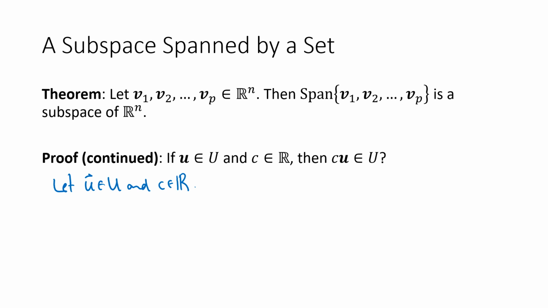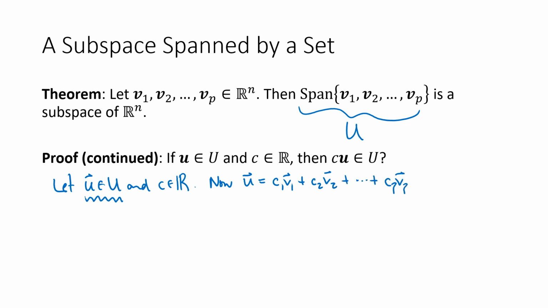Okay. Second thing you're going to do is to use the definition of capital U to figure out what the heck does this tell me? What do I know now from knowing that little u is in capital U? Well, in this case, because my capital U is my span, I know that little u is a linear combination of the v's. So kind of similar to what we did before, except this time we only have the one vector. Little u is that linear combination.